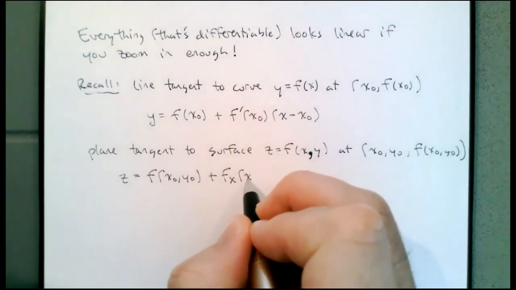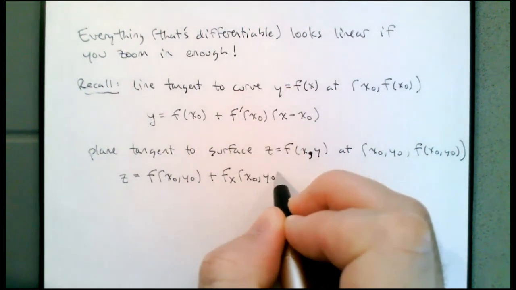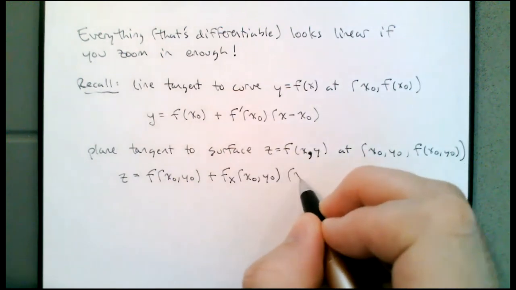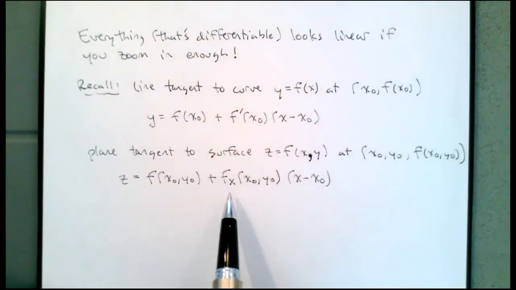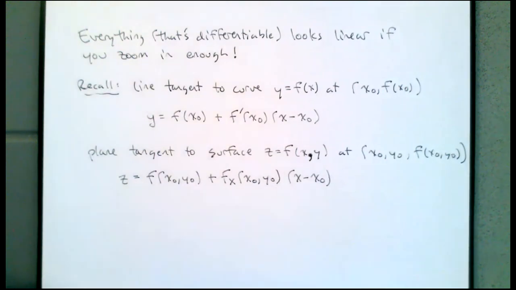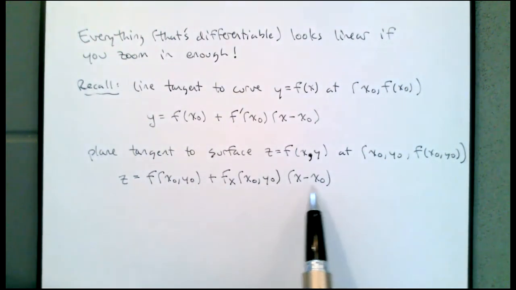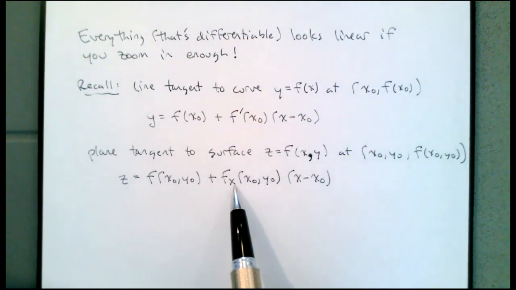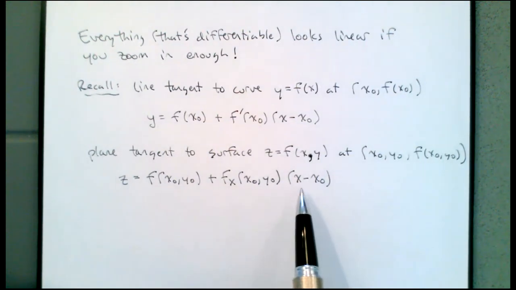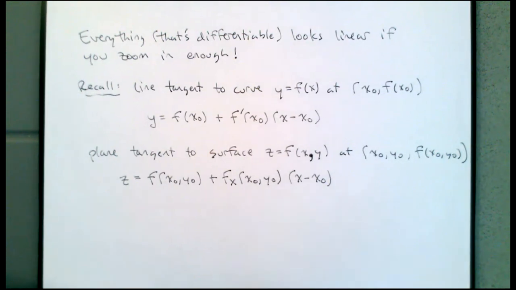We look at the derivative in the x direction at that point. So fx at x naught, y naught is how the function is changing in the x direction. And so that only has to do with the variable x, because we're only looking at how things are changing in the x direction.